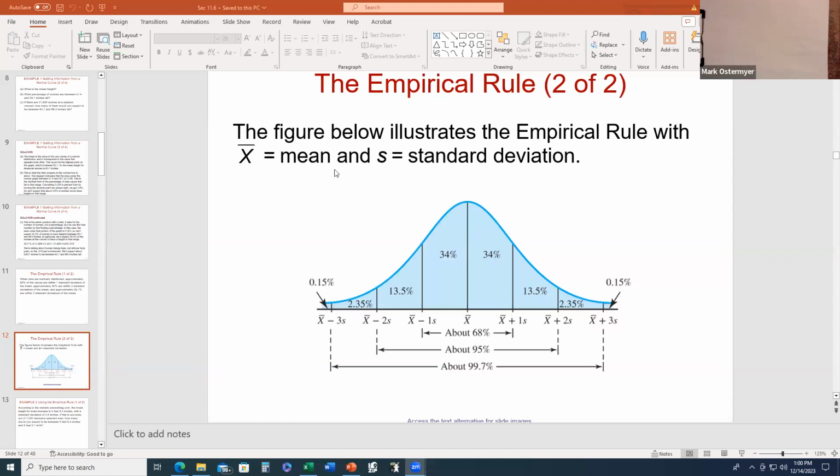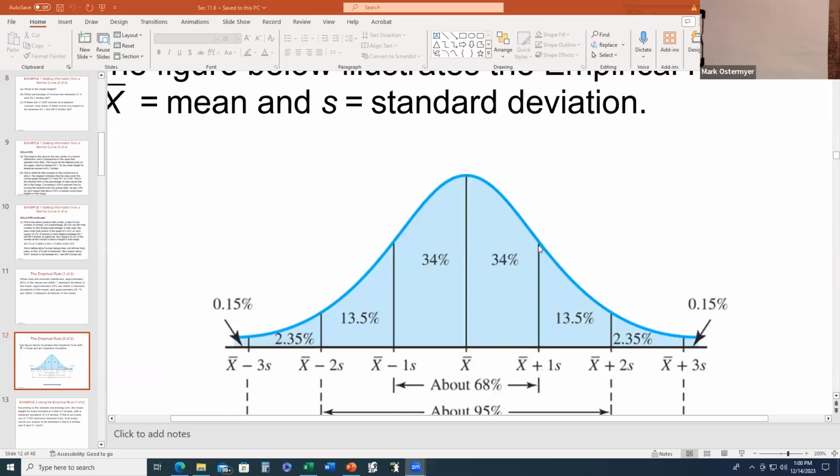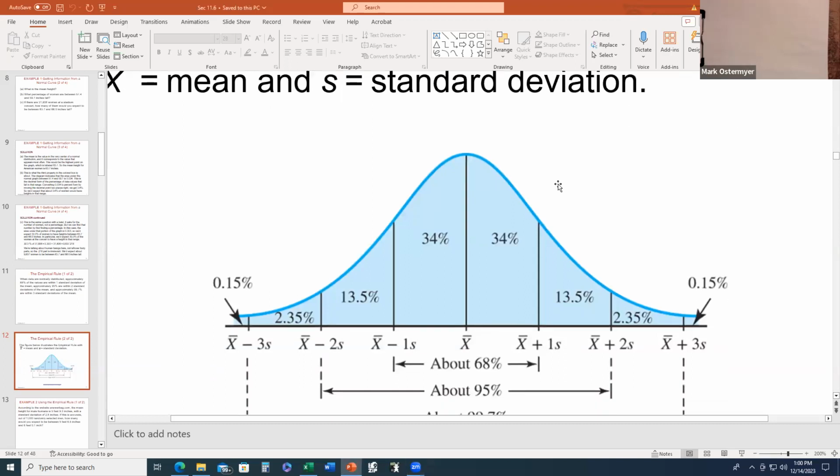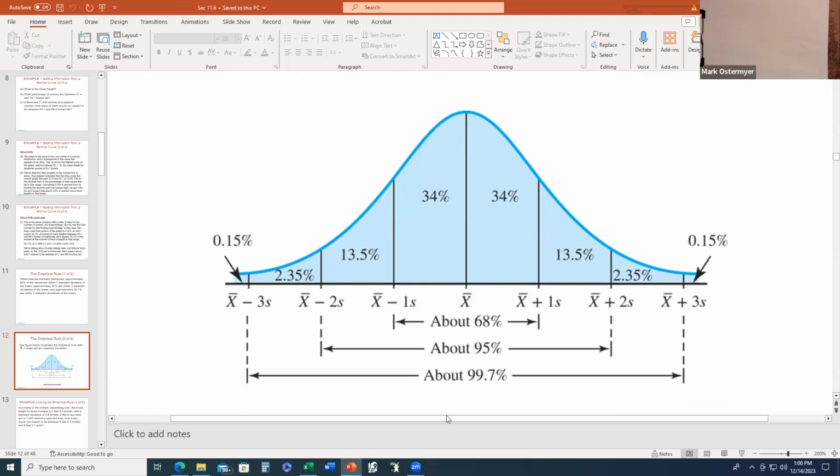If X bar is the average or the mean of a data set and S is the standard deviation of that data set, then the empirical rule guarantees that in this interval, from one standard deviation below your mean to one standard deviation above your mean, the lower limit is the mean minus one standard deviation and the upper limit is the mean plus one standard deviation.